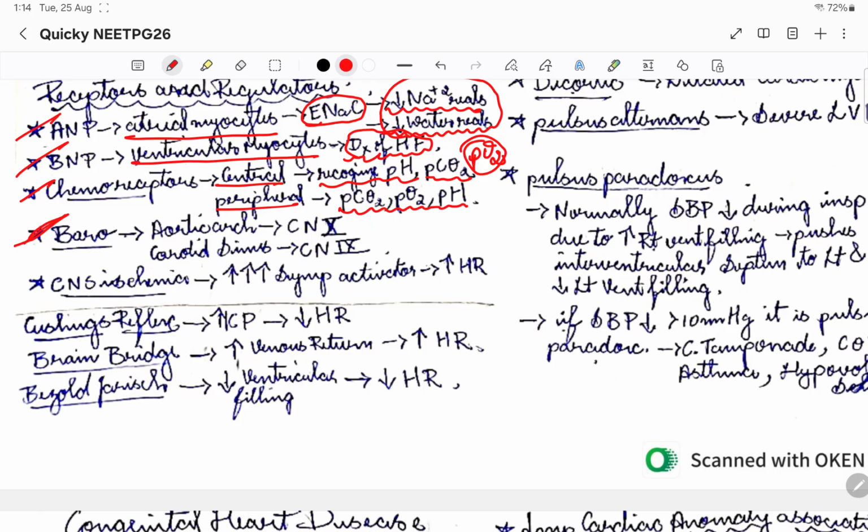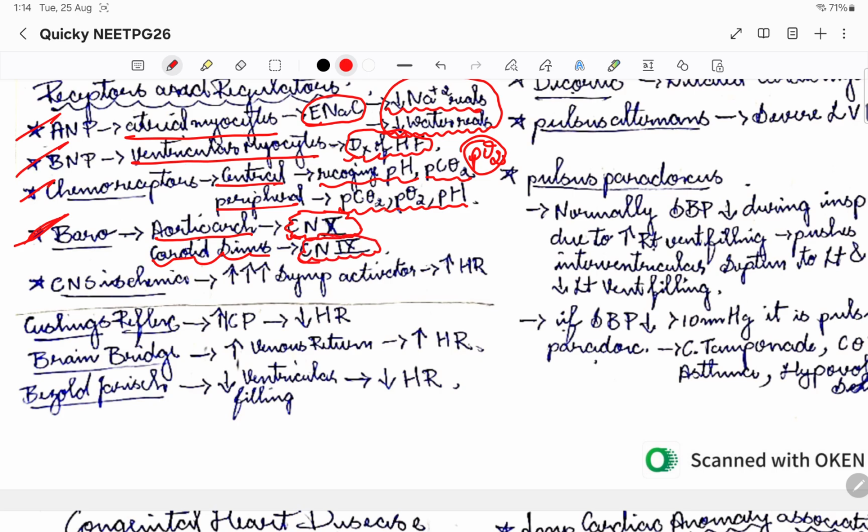Coming to baroreceptors, which maintain the blood pressure: in the aortic arch, the signals are carried by cranial nerve 10, the vagus nerve, which carries the afferent, whereas in the carotid sinus it is cranial nerve 9, the glossopharyngeal nerve, that carries the afferent.